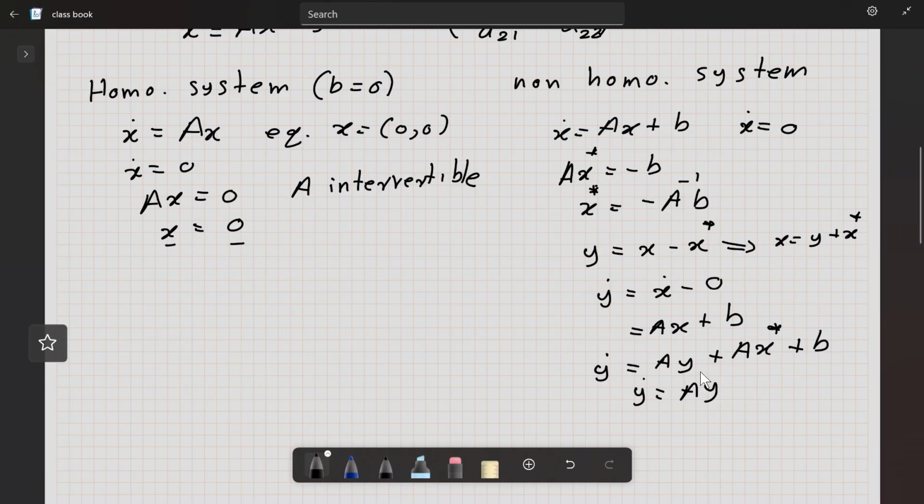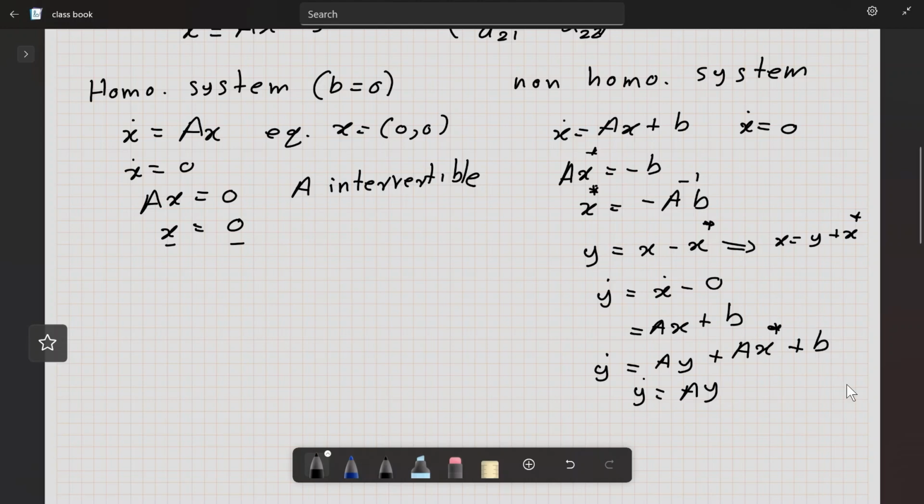Then we only need to change the equilibrium point for the non-homogeneous system. It is the same phase portrait if we consider (0, 0), and we only need to shift our equilibrium point.